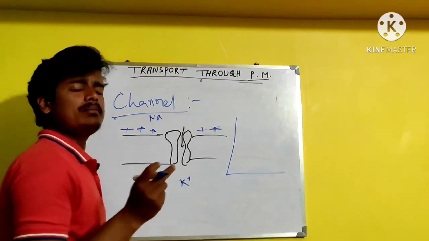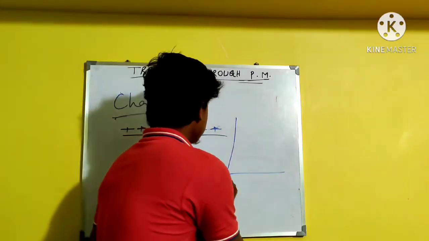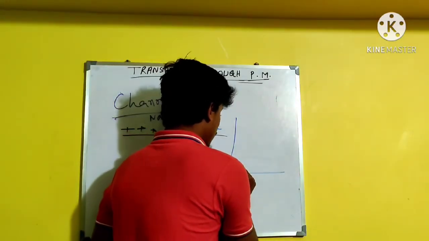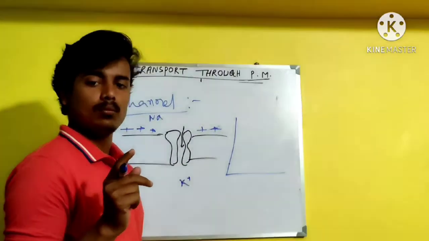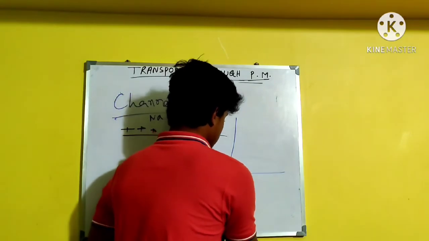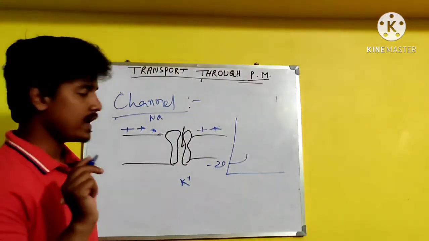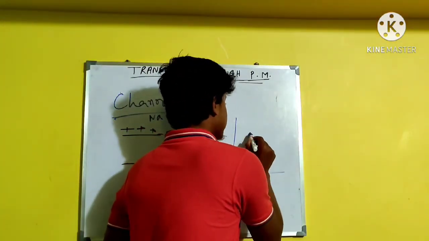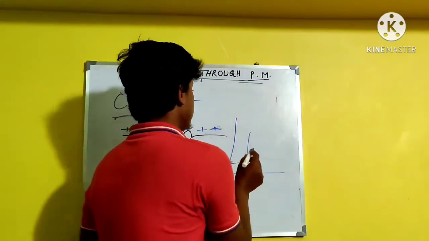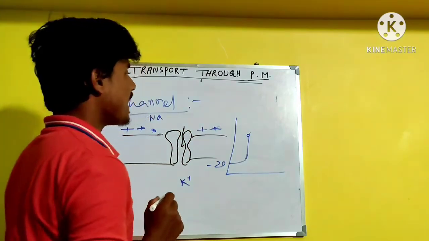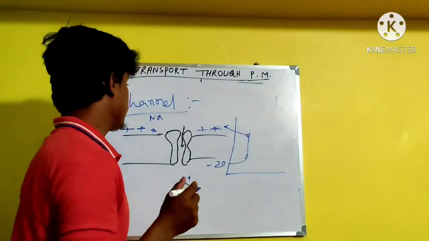Many types of cells have many types of voltage gradient. I think this is a cell where the voltage gradient is -20, and when it increases, the action potential reaches a point where Na plus will enter.